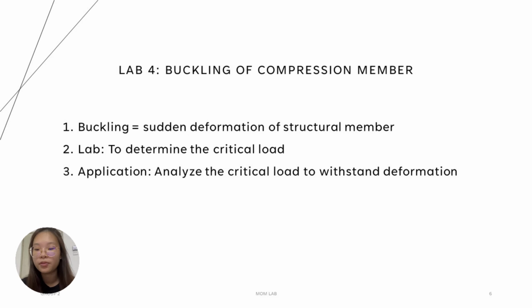There are also 3 different strut lengths, which are 370mm, 470mm, and 520mm. Our main objective in this lab is to analyze the critical load to withstand deformation for 3 different end restraint conditions.